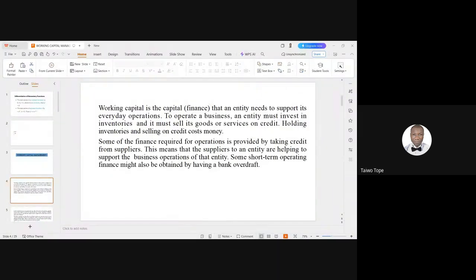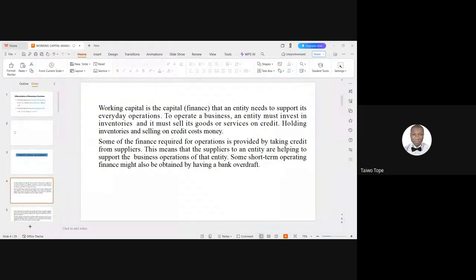The fact that they are giving me credit means they are giving me grace to use their money to run my business. When it is time to pay back, I should quickly pay back so that I can keep enjoying that policy. But by the time I fail, I will not keep enjoying such policies.